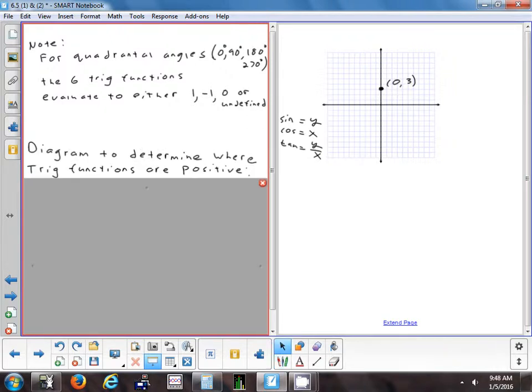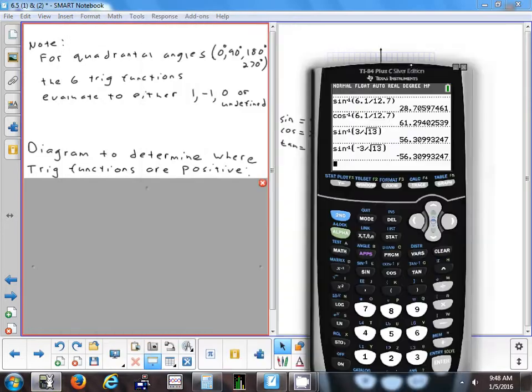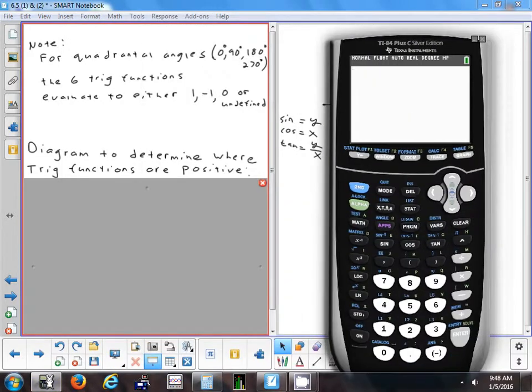All right, and the last thing we're not going to do an example with today, I just want to show you a trick to remember where the trig functions are positive. Okay, I'm going to just try a bunch of angles in quadrant 1. Sine of 85, sine of 12, sine of 39. What do you notice about all my answers here? Are they positive or negative? Yeah, they're all coming out positive. Let's try some things with cosine.